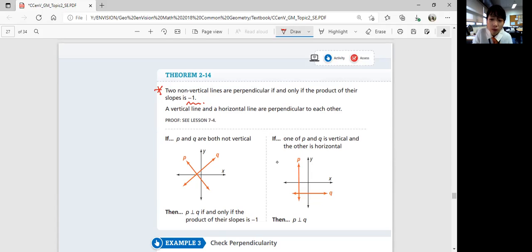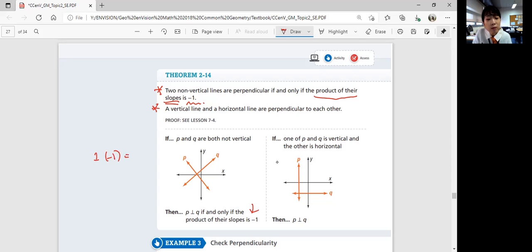Okay? The product of their slopes, not that their slopes need to be -1, or else their slopes are the same and they're going to be parallel. And also, a vertical line and a horizontal line are perpendicular to each other. All right, look at an example. If P and Q are both not vertical, then the slopes have to have a product of -1. So for example, you have a slope of 1 and a slope of -1.